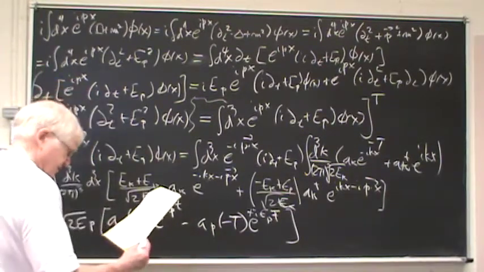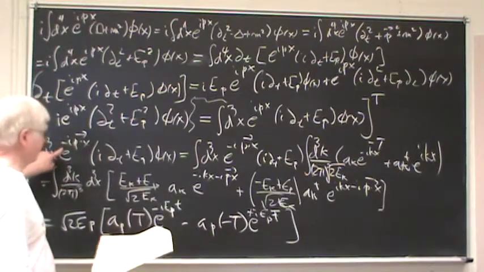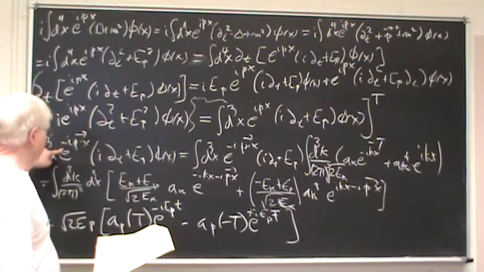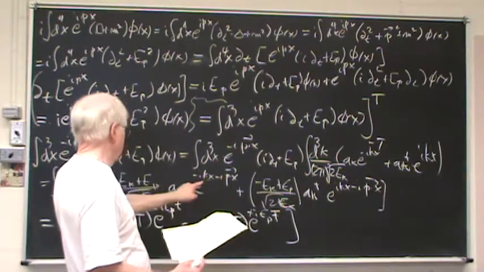So let me see what I got. Oh, I left this guy out. Okay. That's a 3 factor. So in other words, I have the minus i.